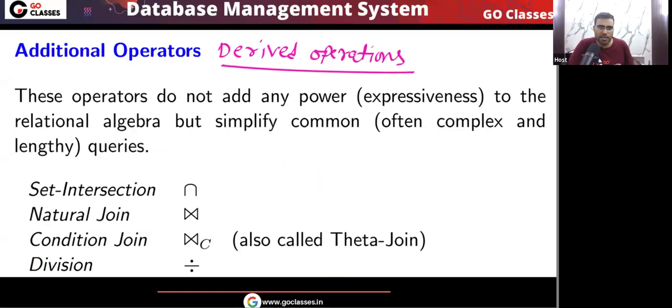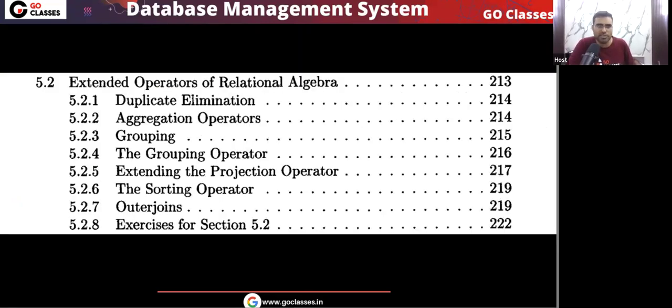But let me tell you one thing. There are some operations which are not part of basic relational algebra. These are the extended operators of relational algebra.